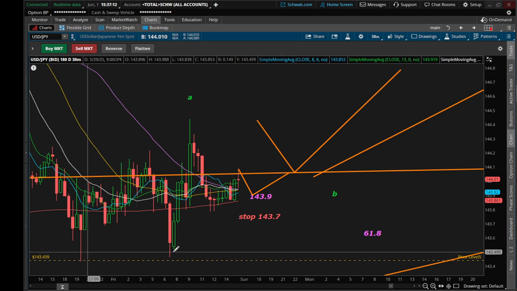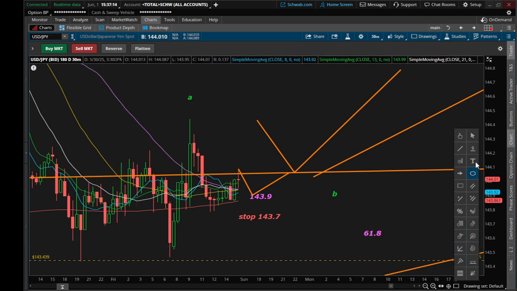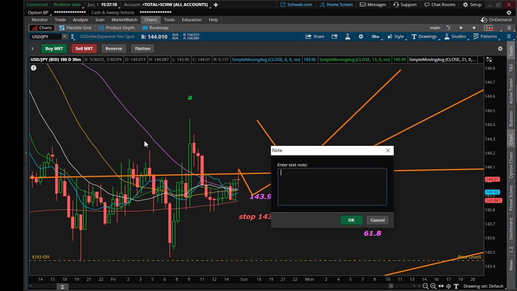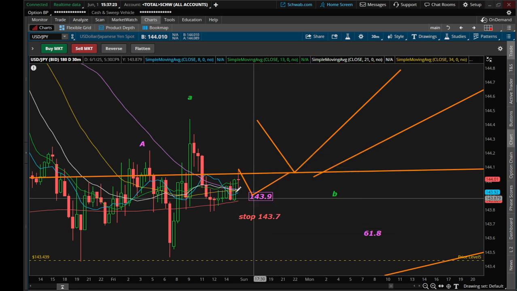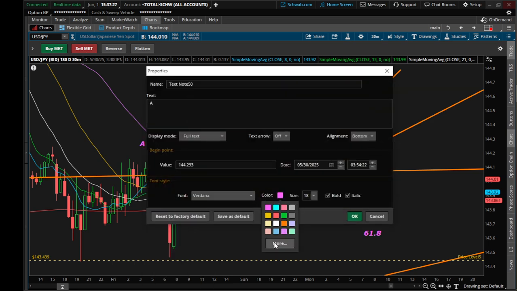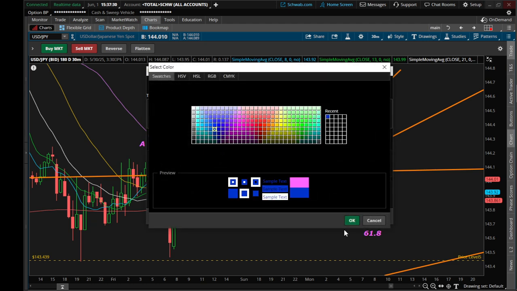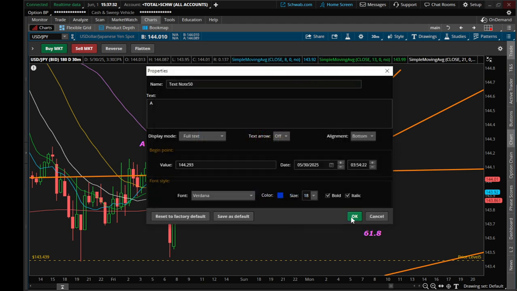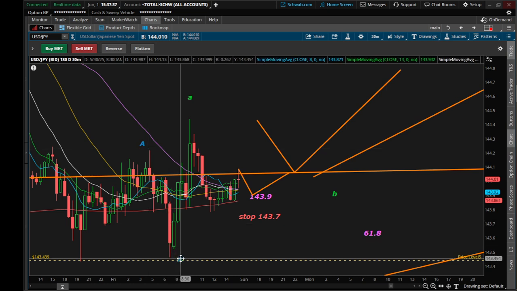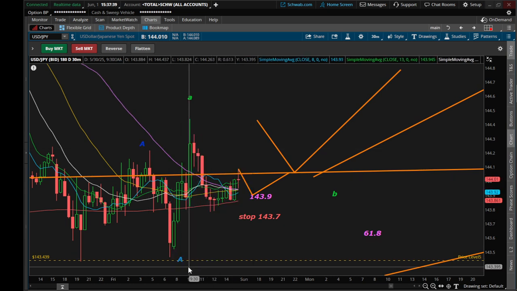Yeah, 3 moves here as an A. This would be like sub minuet, and maybe I think I label it in a dark blue. So this would be an A, a B, and a C to make the minor degree A.